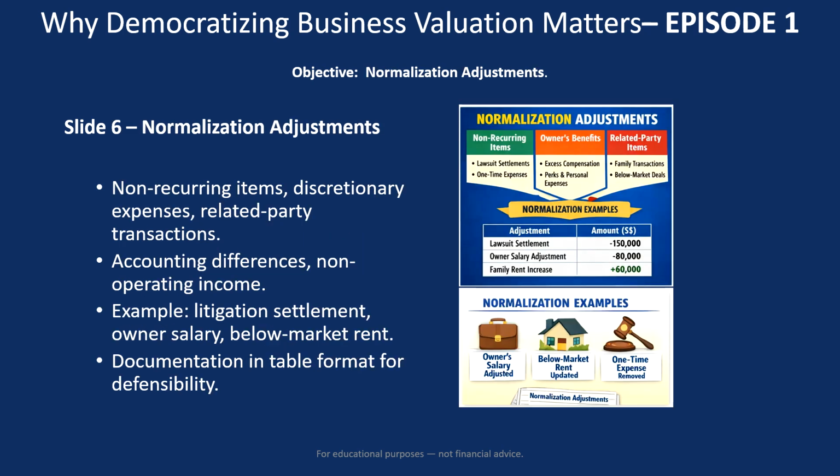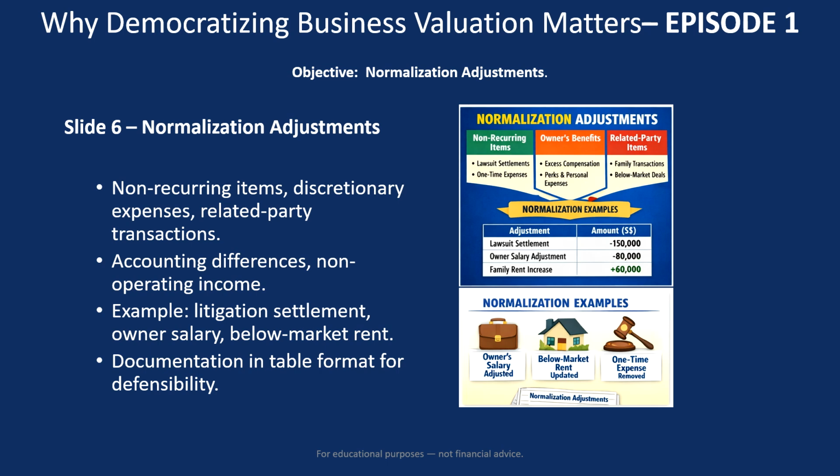Let's go a level deeper on step 3, normalizing the financials. This is one of the most important and most overlooked parts of any SME valuation. The numbers in the accounts are prepared for tax and compliance purposes. Our job is to restate them to reflect what a hypothetical arm's length buyer would actually see.